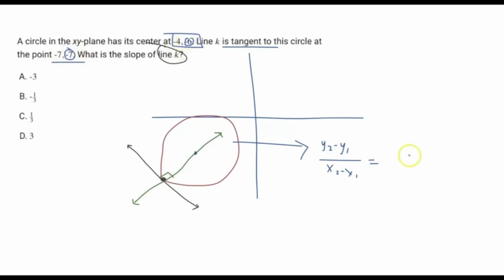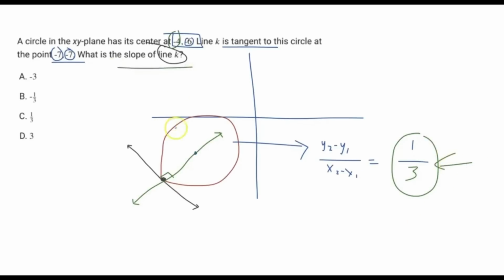That's a change of positive 1. So positive 1 on top. Now the change in x, we're going from negative 7 to negative 4. That's an increase of positive 3. And so we know the slope of this line is 1/3, which makes sense because if you look at the diagram, it is positively linear, and therefore a positive slope of 1/3 makes sense.